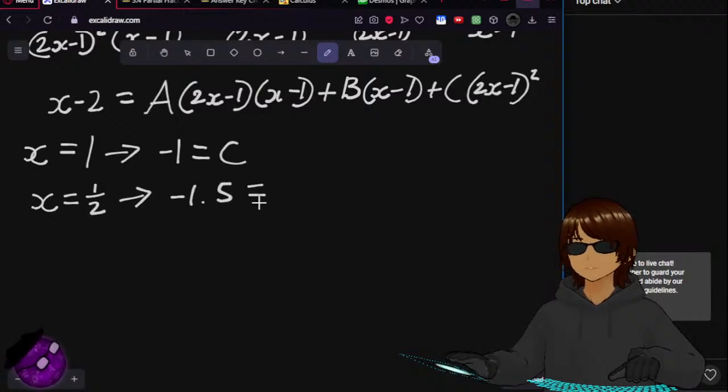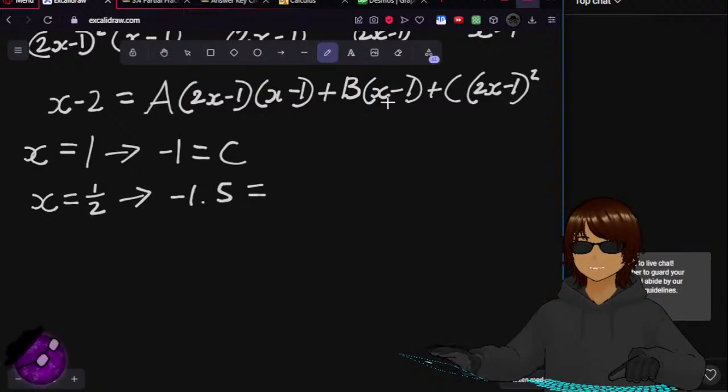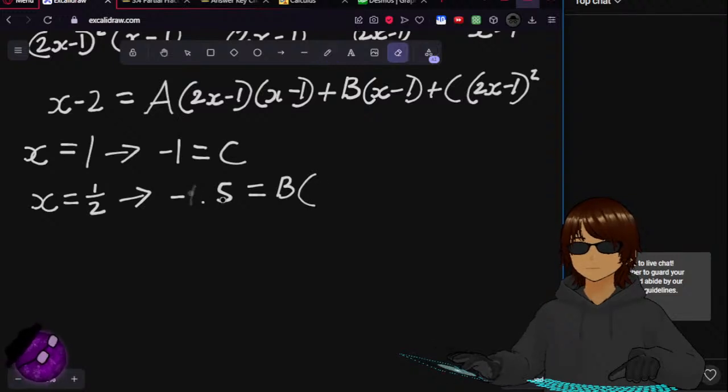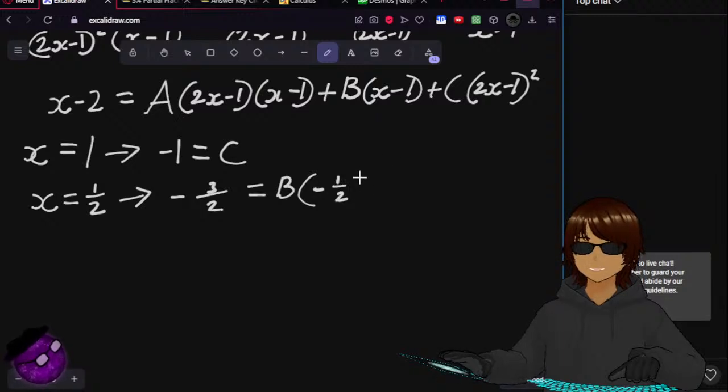This will come 0, this will become 0, and then b will be half minus 1, which is minus half.